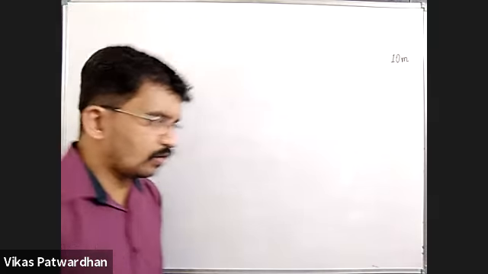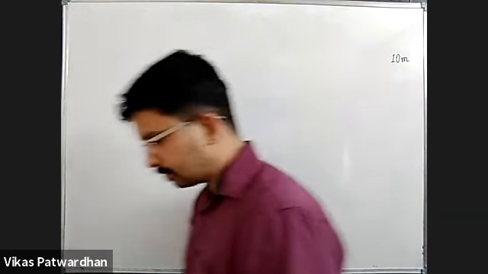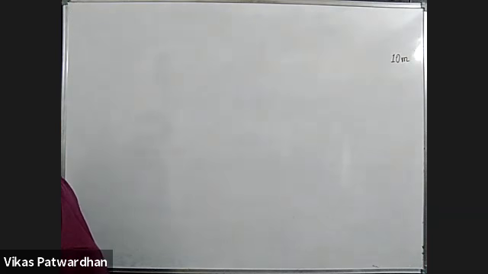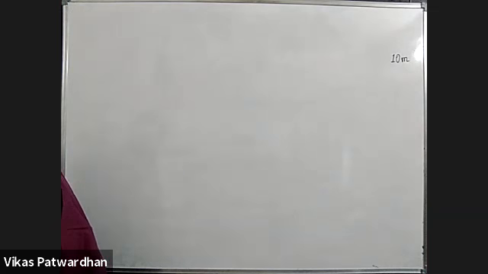First task, whenever a numerical is given, please go through the given information. See what is given and what you have to calculate. Shall we write the given information first?